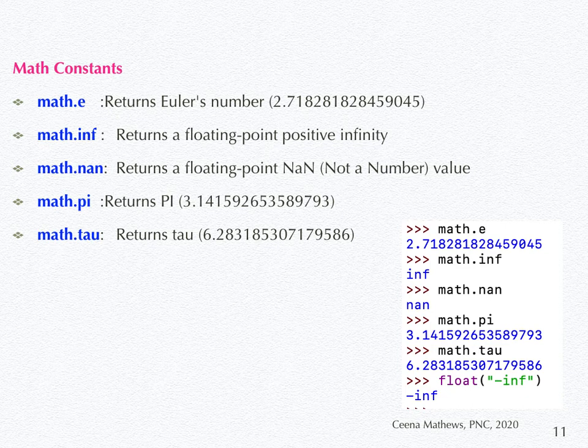Math.inf will return the value inf, math.nan will return nan, math.pi will return 3.14, etc., and math.tau will return 6.28, etc. And the float of minus inf here will return minus inf. So that is also a constant used with math.